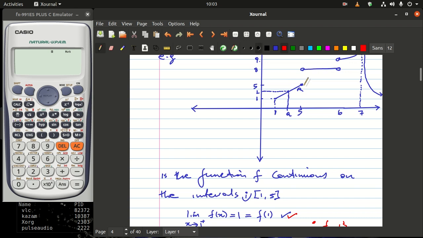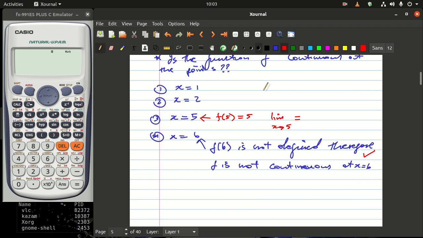But as I'm approaching 5 on the right, when I pick a value just on the right of 5, I'm going to hit that function there. This value is going to be 8. 8 and 5 are not the same. So we say that the limit as x approaches 5 from both directions does not exist. So the limit does not exist, therefore it's not the same as 5.